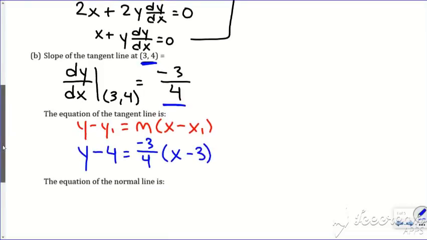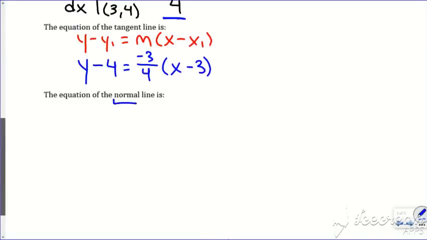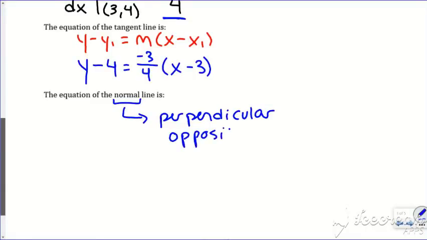If I want an equation of a normal line, though, a reminder, vocabulary: normal means perpendicular. Okay, perpendicular. And if something is perpendicular, that means the lines have opposite reciprocal slopes.